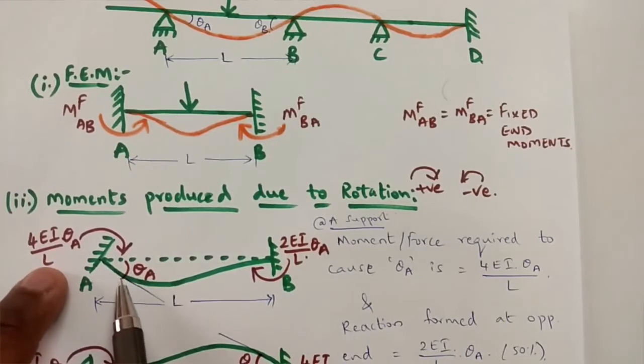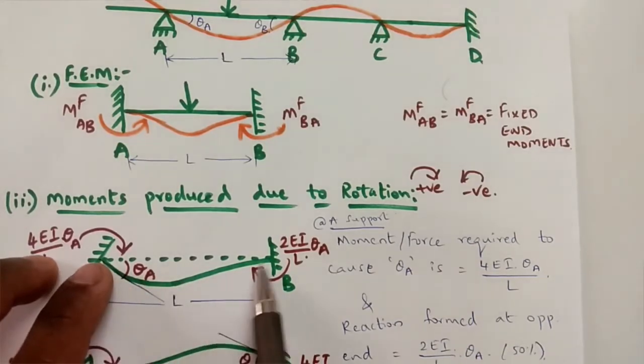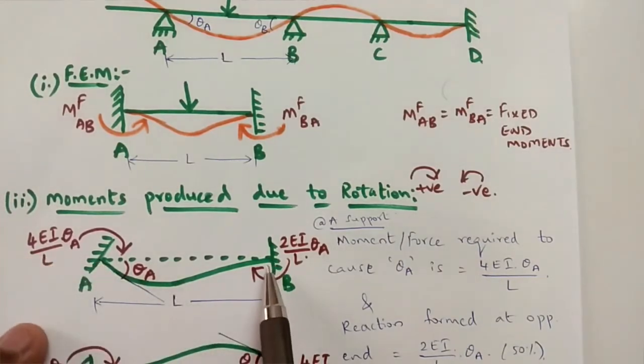So when this moment is applied at this support A, the reaction will form at the support B, at the opposite end or at the nearest end.